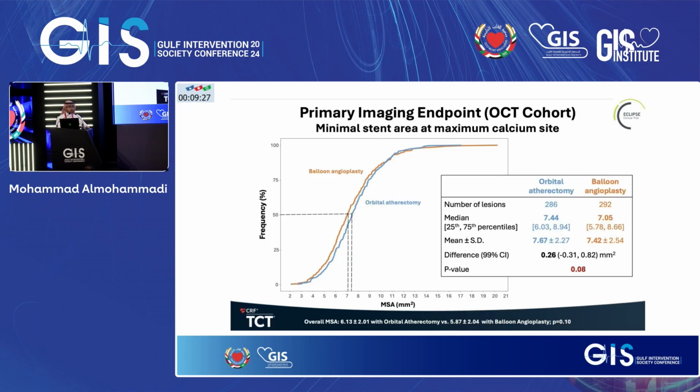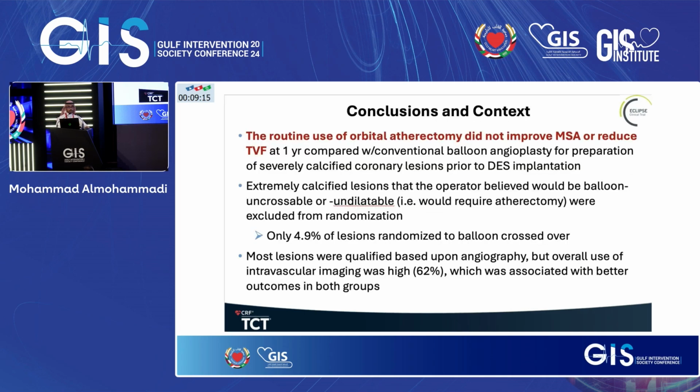However, without knowing all the data, I believe there is some selection bias here. We don't know how much IVL was used on the side of conventional balloon angioplasty, but they concluded that the routine use of orbital atherectomy did not improve MSA. But I think this is a topic for discussion.